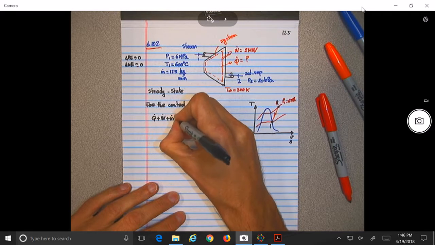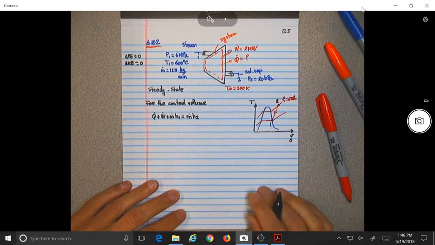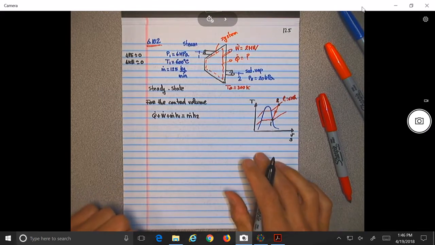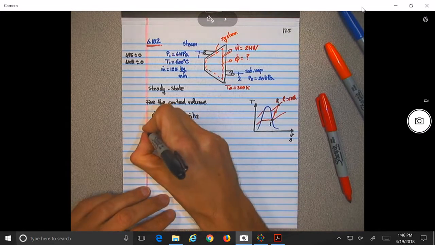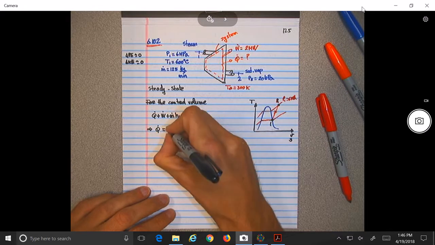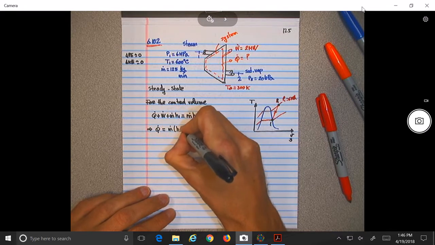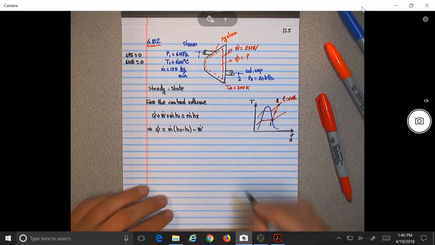M dot H1 will be equal to what? M dot H2, no? Okay, what do we need to solve for over here? So Q dot will be equal to what? M dot times H2 minus H1, minus the power.